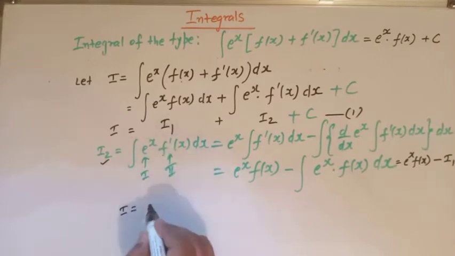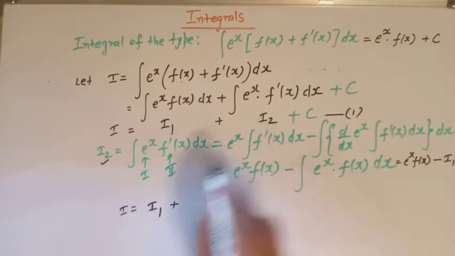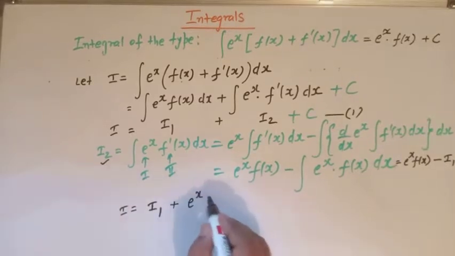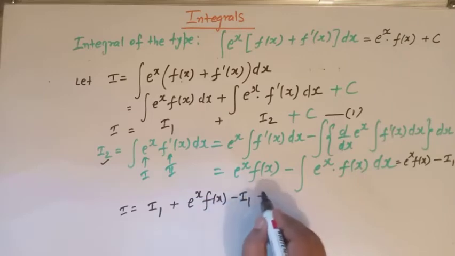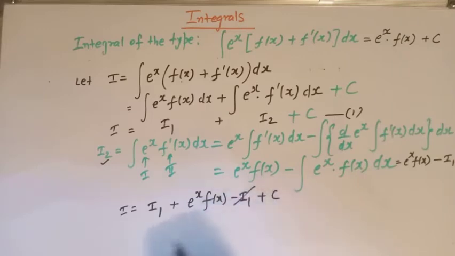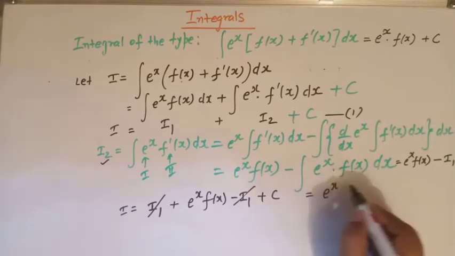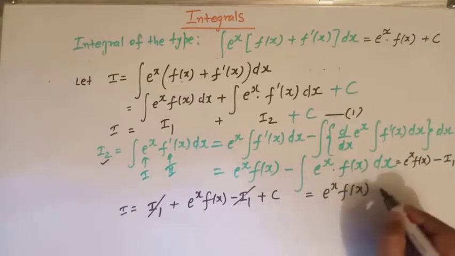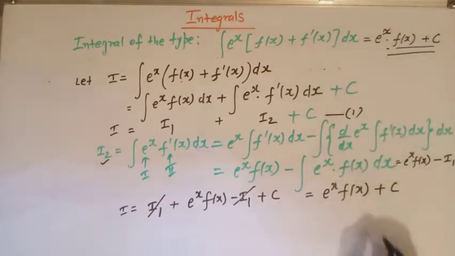So what we will get? We have I1 and then plus the value of I2, which is e raised to x f x minus I1 plus c. Now I1 and I1 get cancelled and we are left with e raised to x f of x plus c, and this is this formula. Clear?